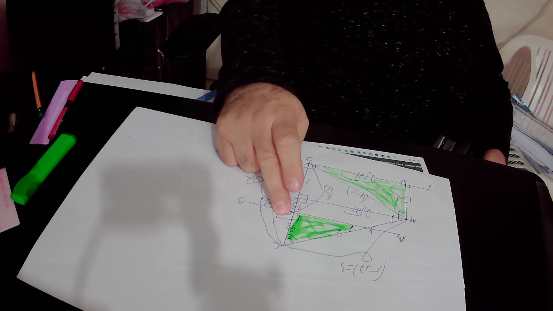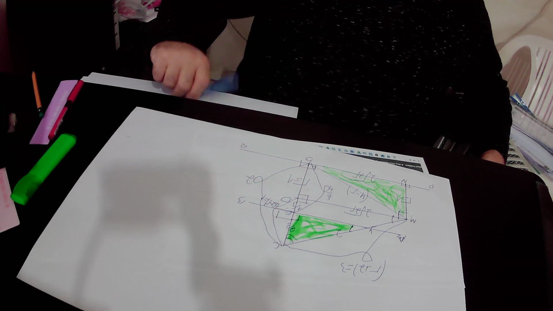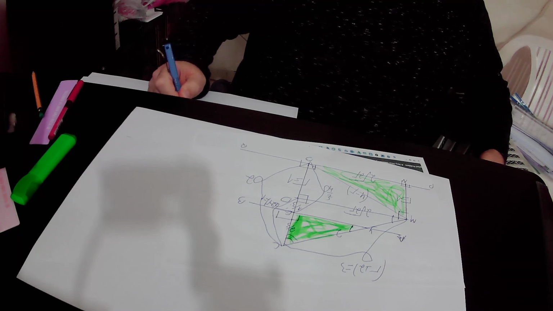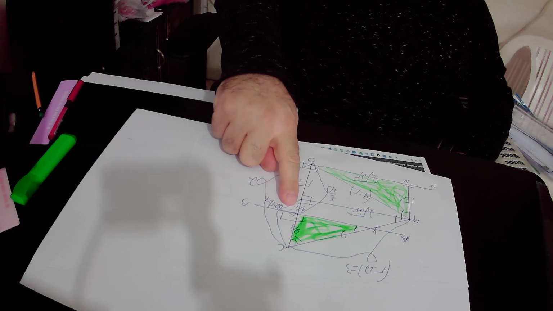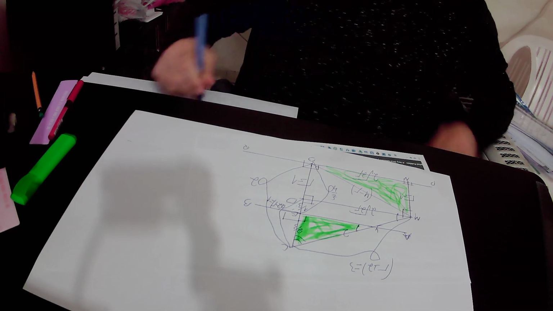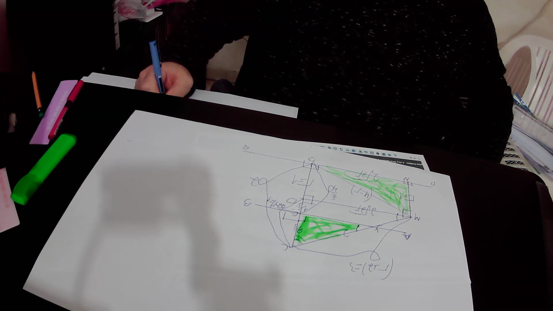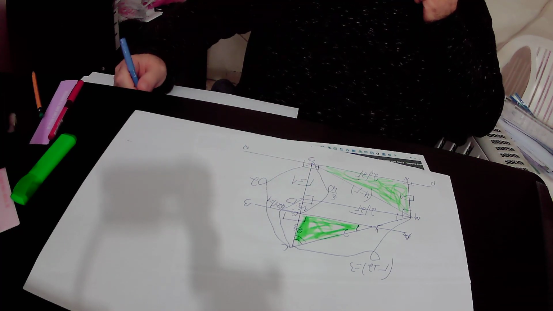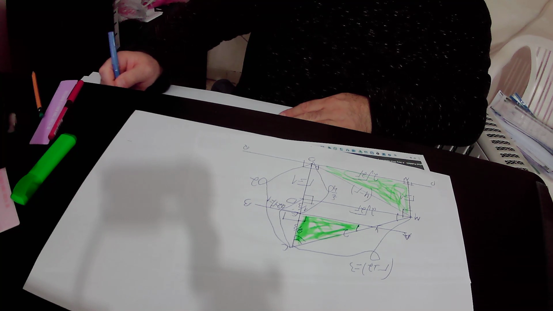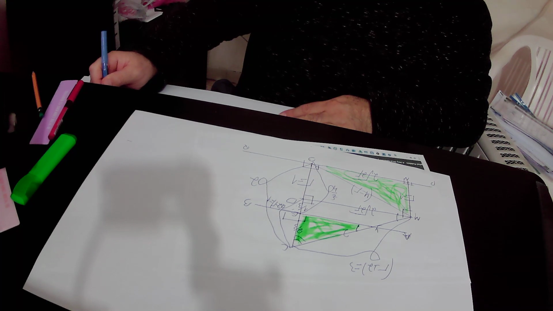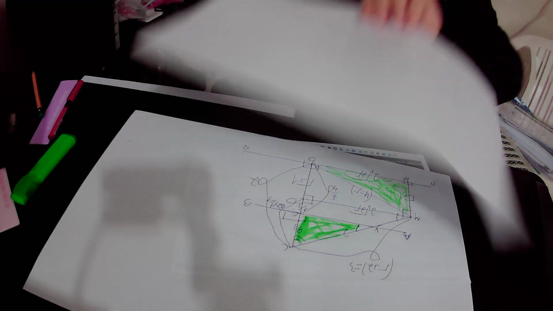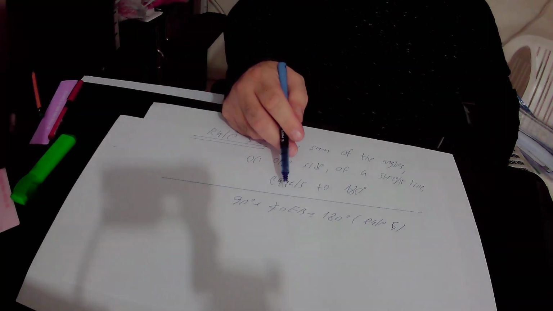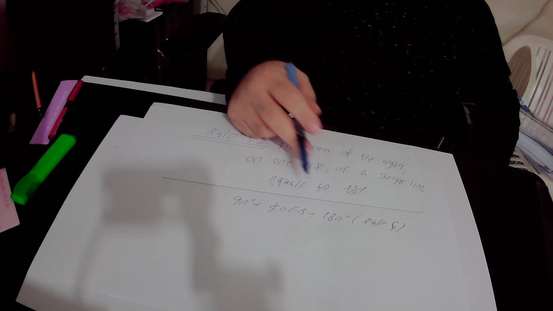So here we have 90 degrees plus this angle, which is actually angle OEB. The sum of those two angles must be equal to 180 degrees according to rule number 5. So 90 degrees plus angle OEB must equal 180 degrees.